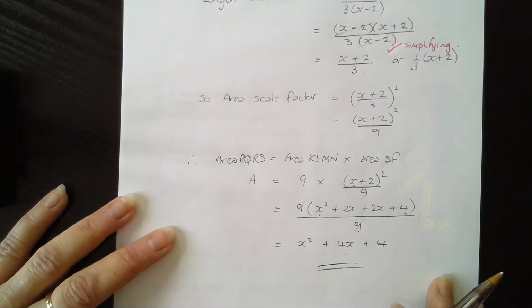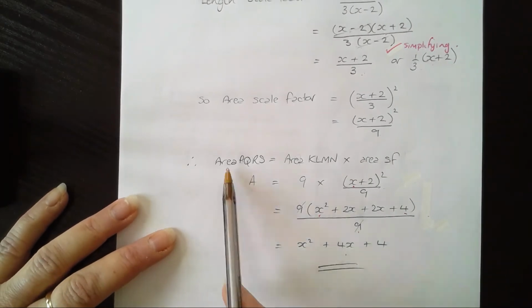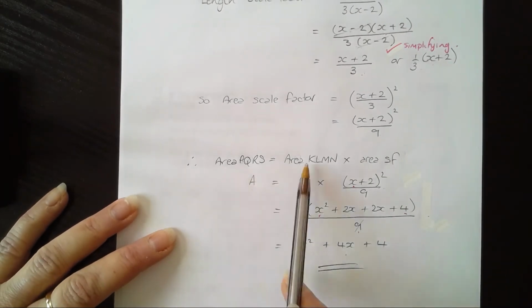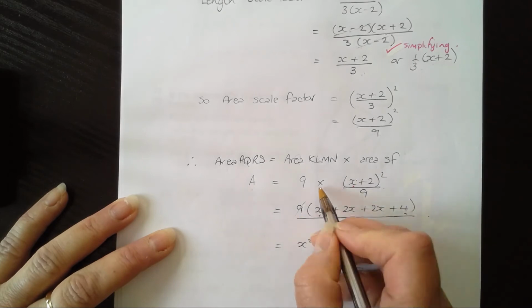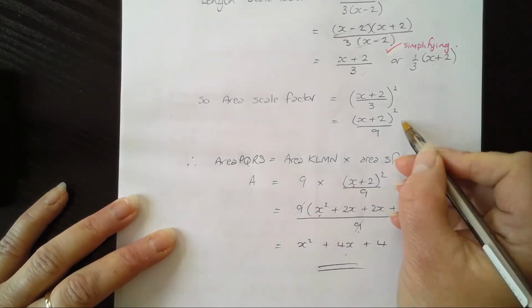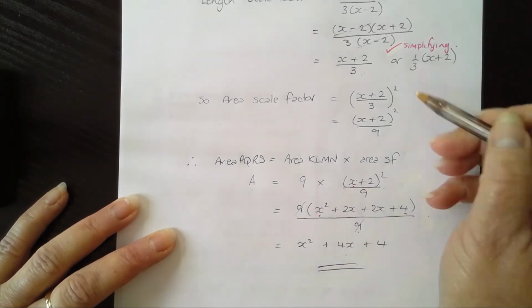Now, my final part of my proof. So the area of the big rectangle is equal to the area of the small rectangle times by the area scale factor. So I need to see 9 times whatever you had here squared. So this thing.